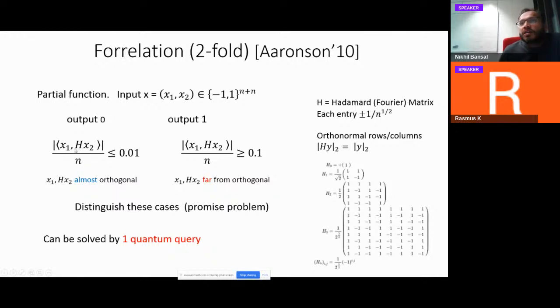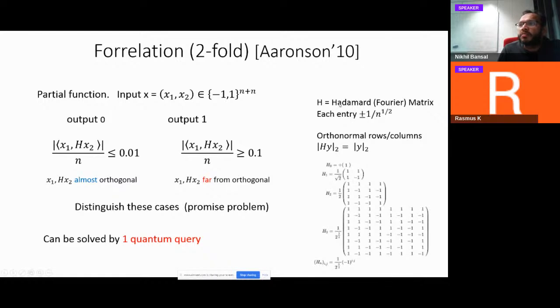So I'll take the n by n Hadamard matrix. Just to remind you, it's the standard Fourier matrix where each entry is either +1 over root n or -1 over root n, and all the rows and columns are orthogonal to each other. So it's an orthonormal system, rows and columns. In particular, it's a unitary matrix. It preserves the L2 norms.